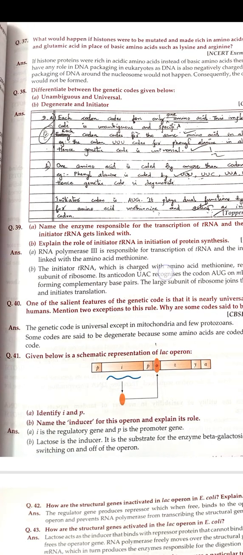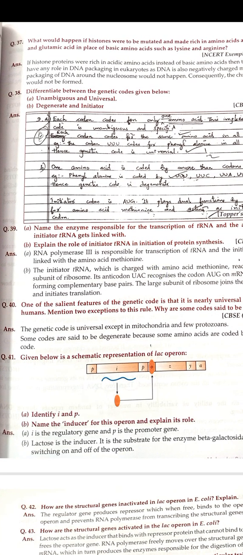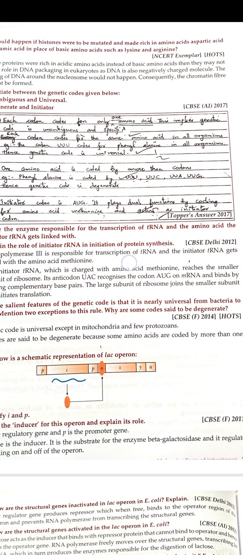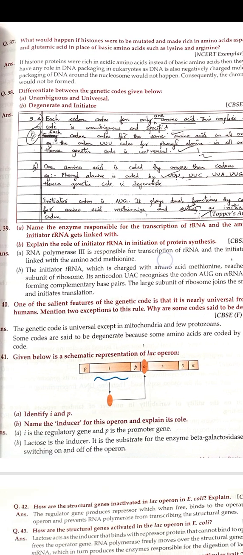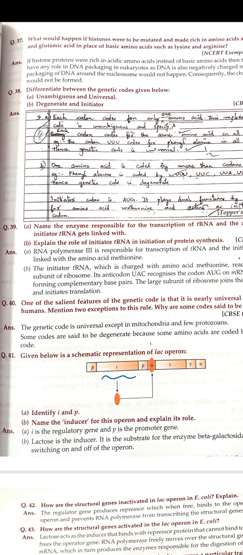Now question number 38. This question was asked in the CBSE exam 2017. You see here, differentiate between the genetic codes given below. Question A, unambiguous and universal.